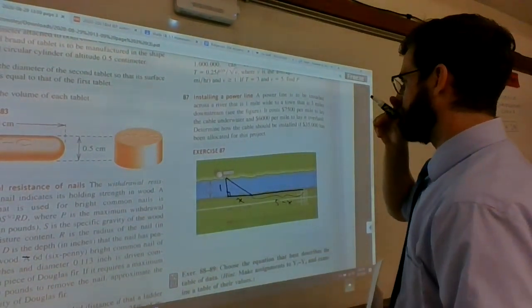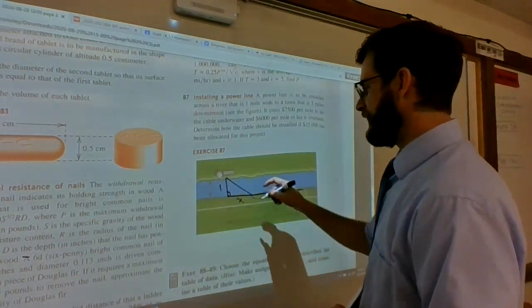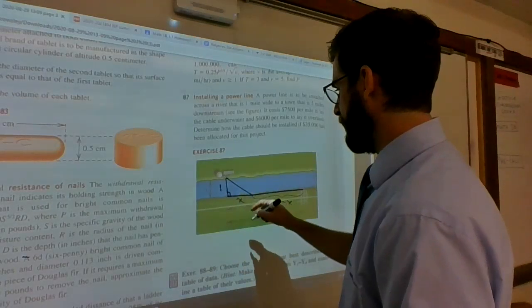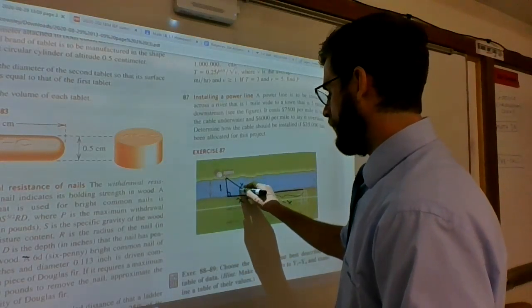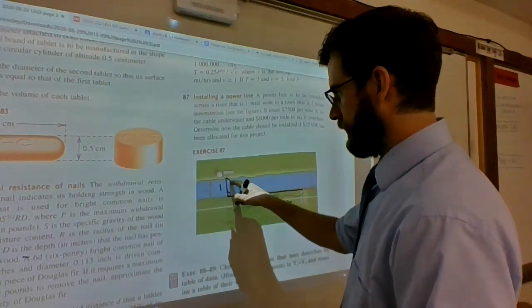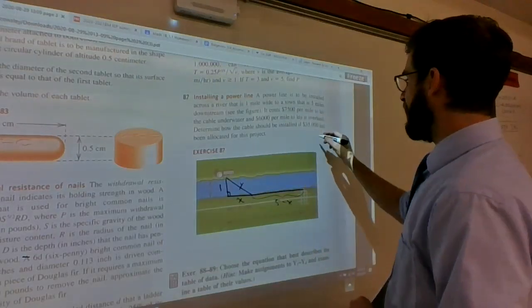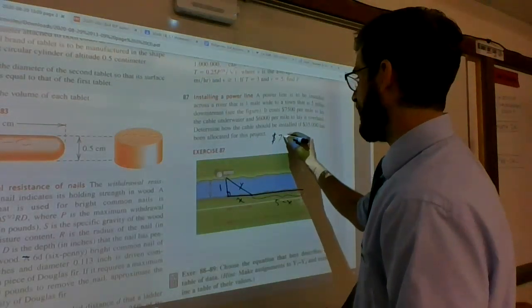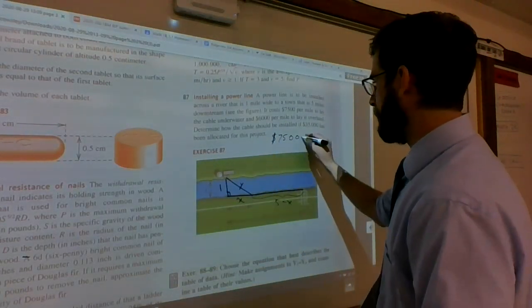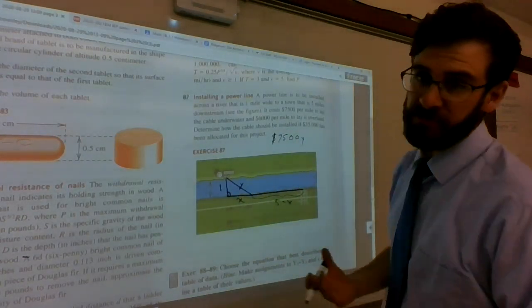So when you think about it, if we give different variables, let's say we let this variable y represent the distance that the cable needs to be underwater. $7,500 times that y value is how much it costs to lay that cable, in terms of miles.